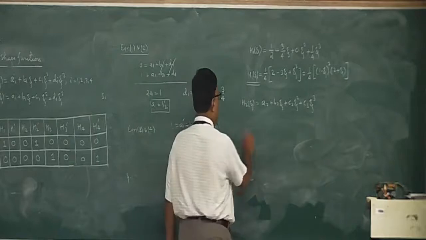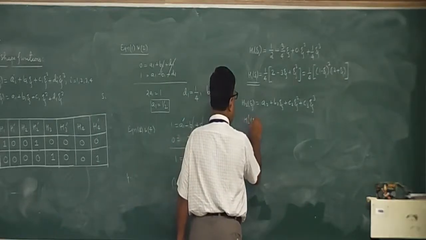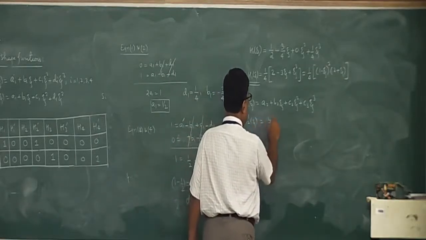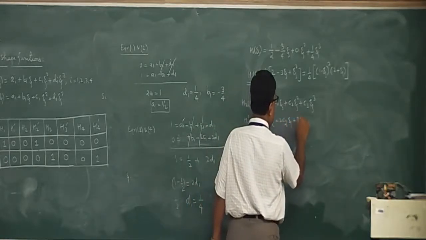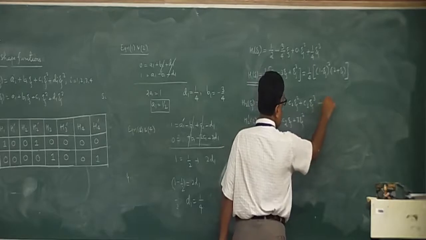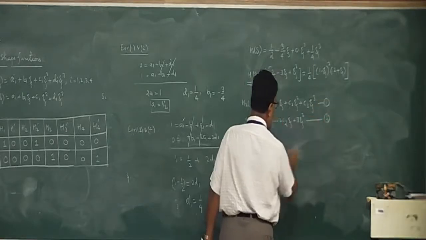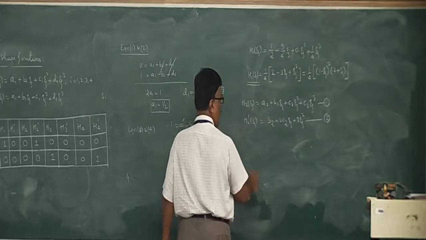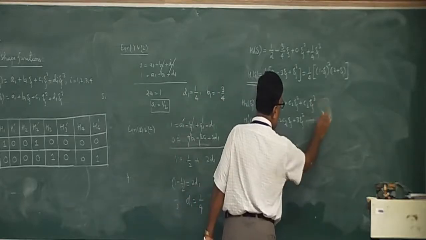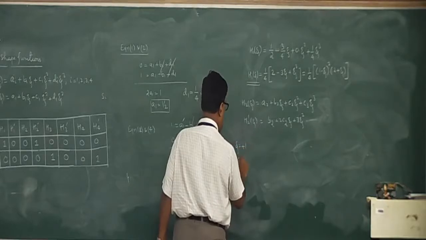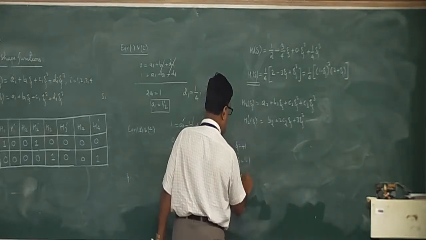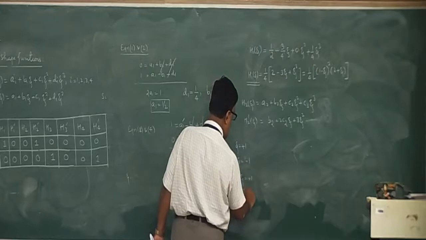And if you want h2 dash of zeta, that is b2 plus 2c2 zeta plus 3d2 zeta square. This is equation number 1, this is equation number 2. And once again you can now write 4 equations by substituting zeta equal to plus 1, zeta equal to minus 1.